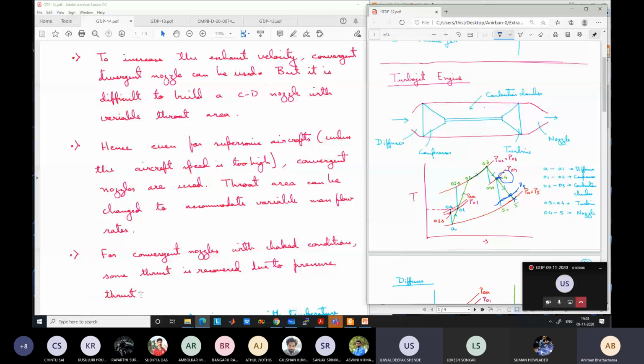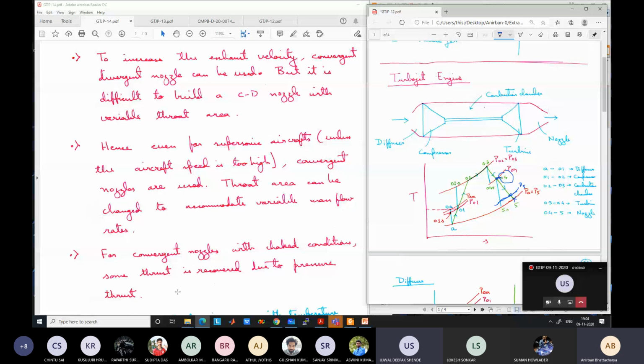You are saying that the maximum exhaust gas velocity that can be obtained using a convergent nozzle is equal to the speed of sound. Now I am saying that convergent nozzles are also used for supersonic aircraft. If the maximum exhaust gas velocity itself is sonic velocity, how can the aircraft fly at supersonic speed? Where is the flaw in my logic?